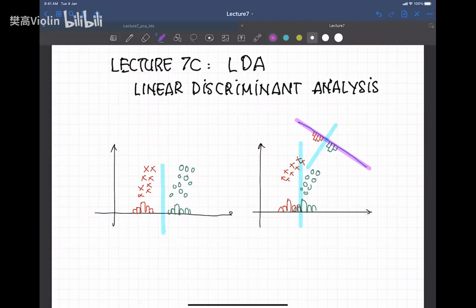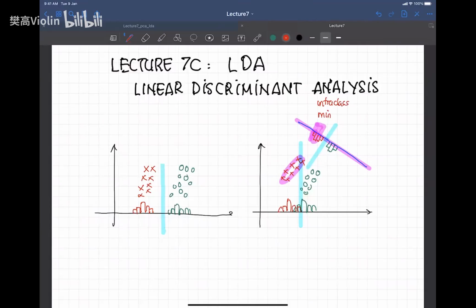And this line has two properties. One, the intraclass distance has to be minimum. Sorry, not interclass, intraclass has to be minimum.